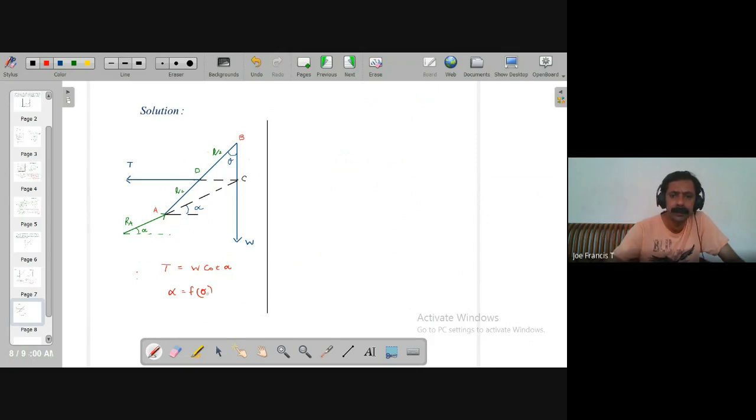What you do is, if you extend this straight line here, it will meet at this point.